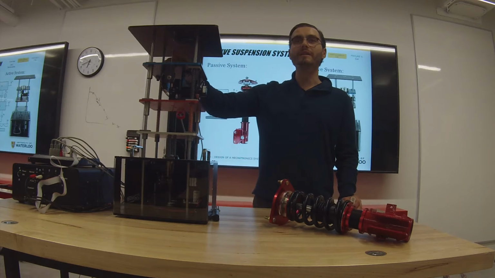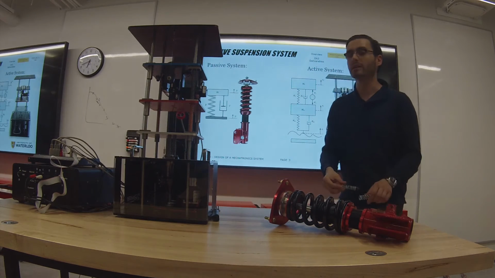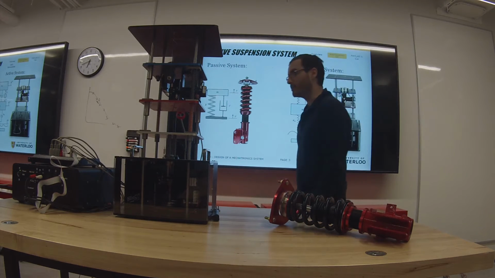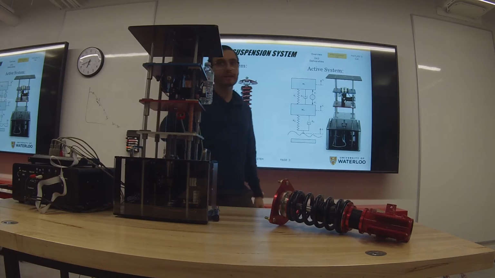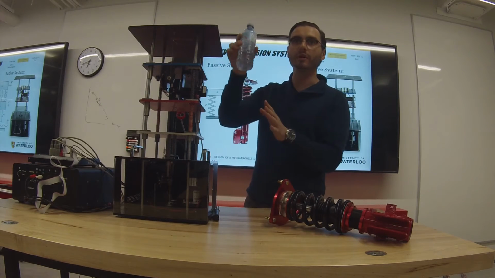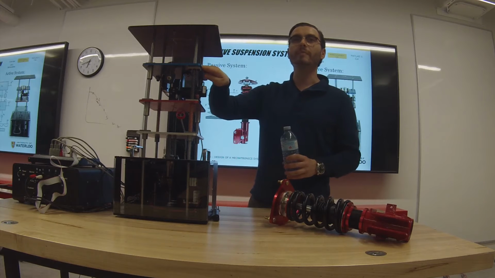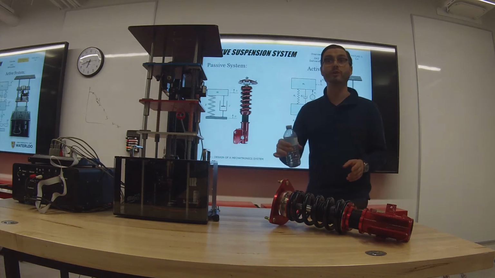So minimizing the acceleration on this is kind of equivalent to improving the ride quality. You can imagine if I had a small cup of water here, and I'll use this analogy a few times because we're going to get this thing to shake around a lot. If I had a small cup of water sitting here, sorry, my water bottle doesn't fit. If this plate has too much transmitted acceleration, you're not going to be able to drive with your coffee in your hand or in the cup holder.